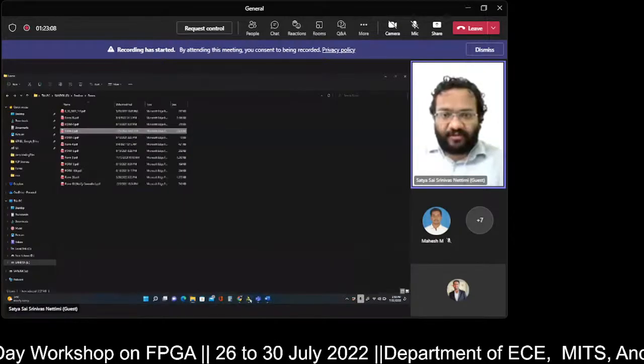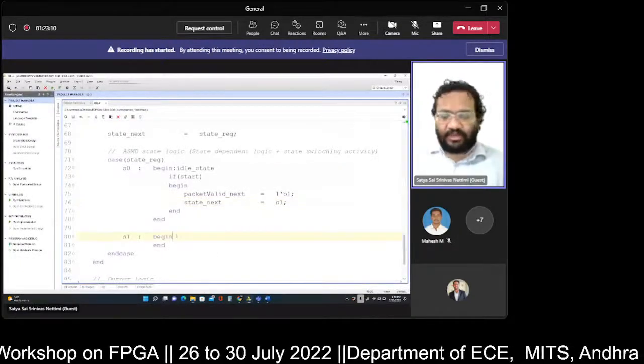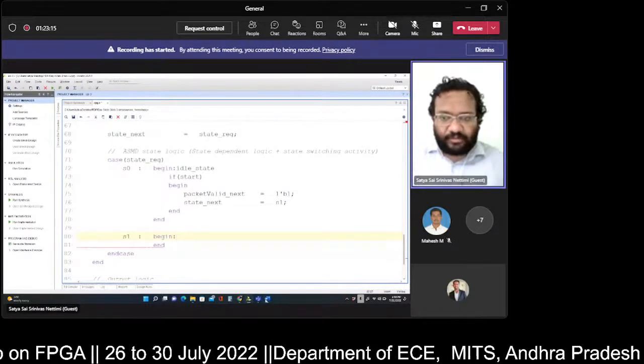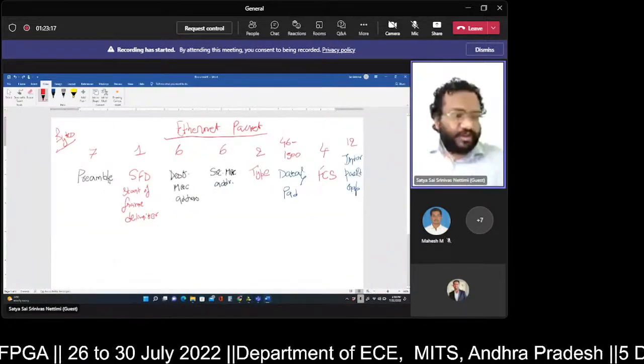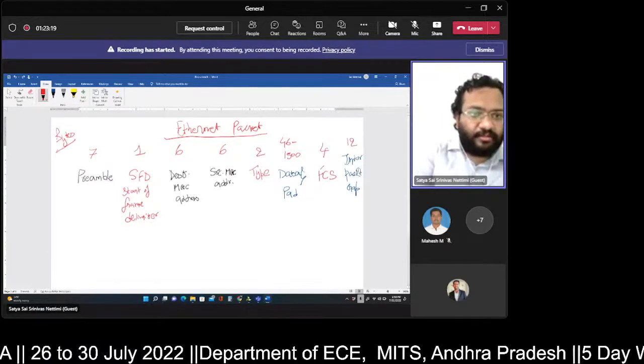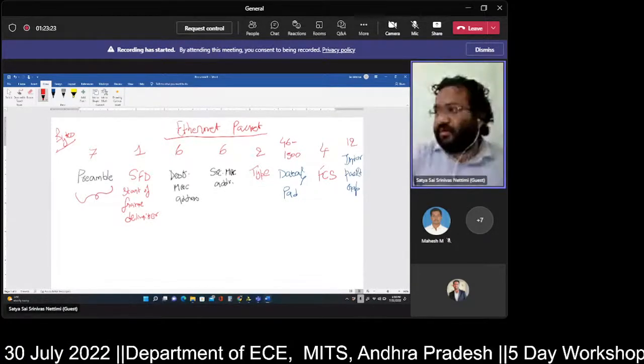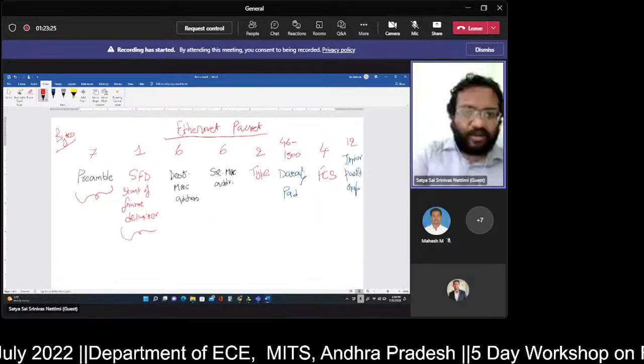Now, after jumping into the S1 state, what are we supposed to do? We are supposed to deal with the preamble, followed by the SFD.